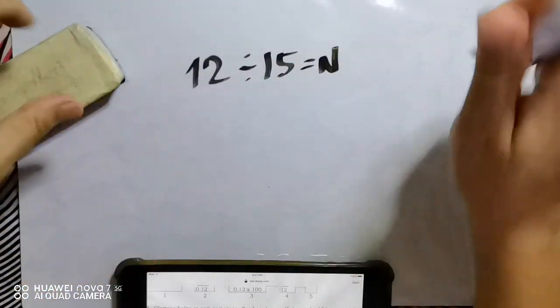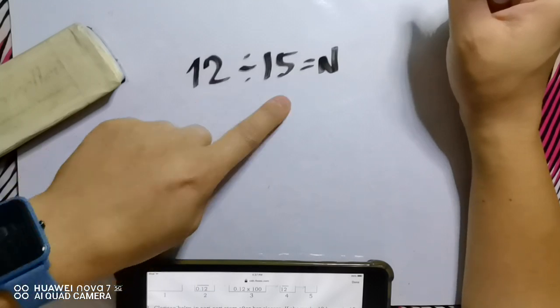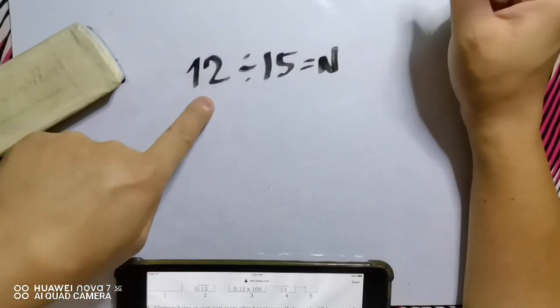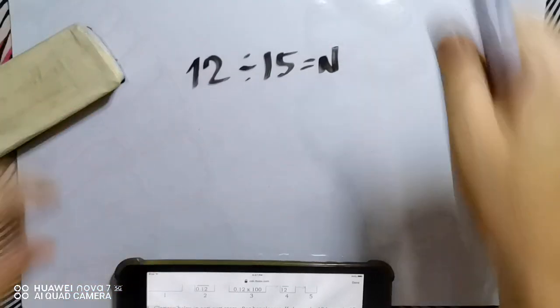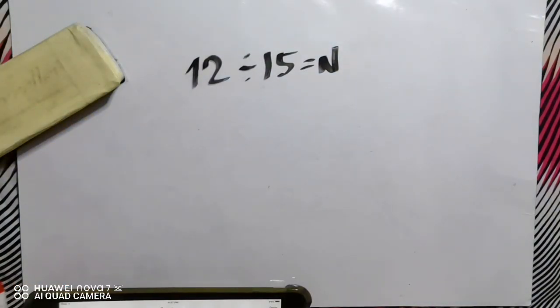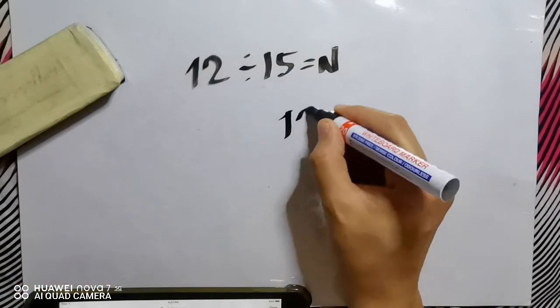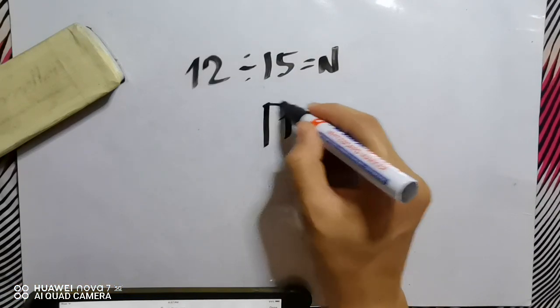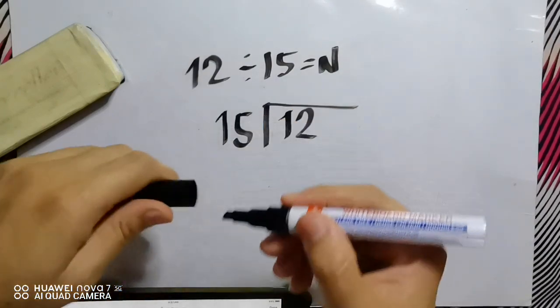Now, as you can see, the number that comes first before the 15 is smaller than this. So, yung dividend natin ay mas maliit kesa sa divisor. So, if you're going to write that, that will be 12 divided by 15. So, yan yun.